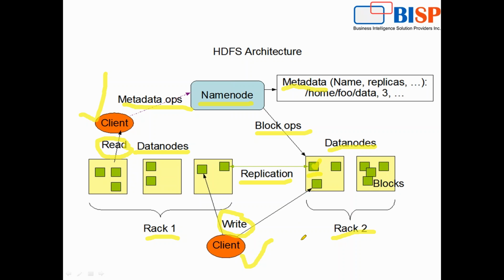So just have a look at this architecture. I'll let you know what these are. These are very important terms in HDFS that need to be known. In the next session, I will also show you the Hadoop installation where you can see all these services up and running.